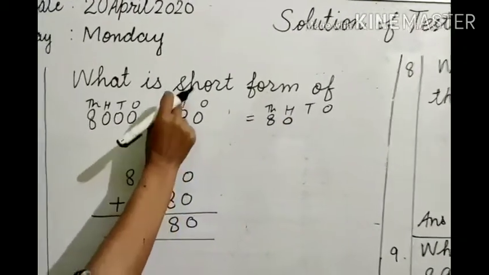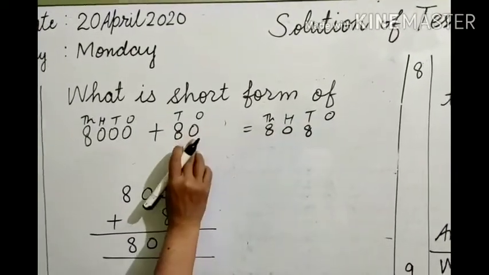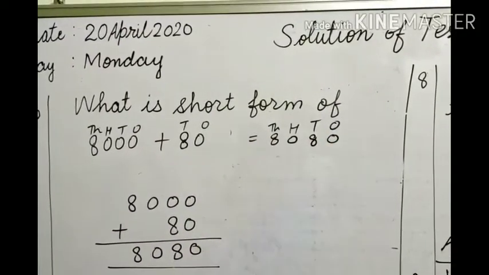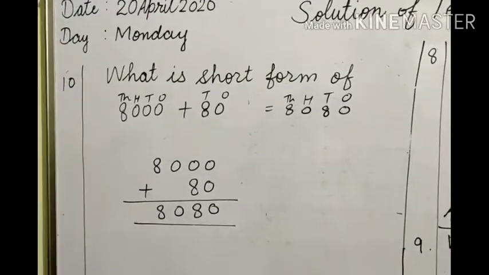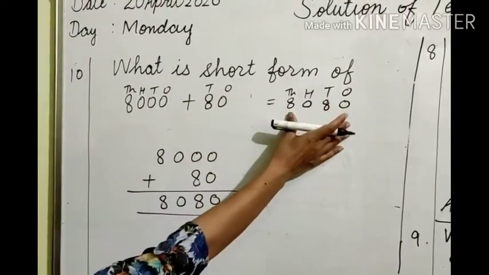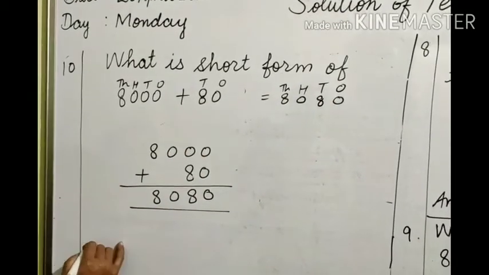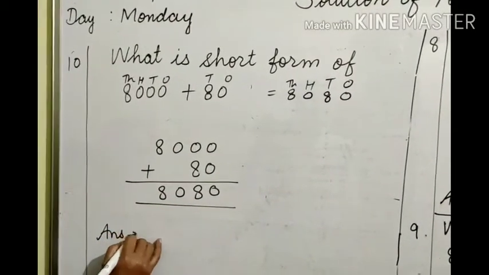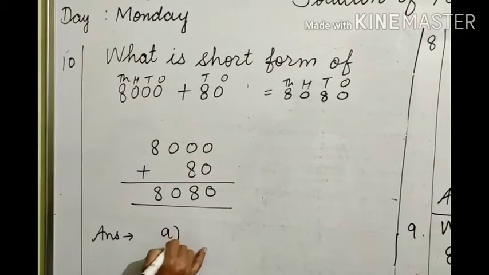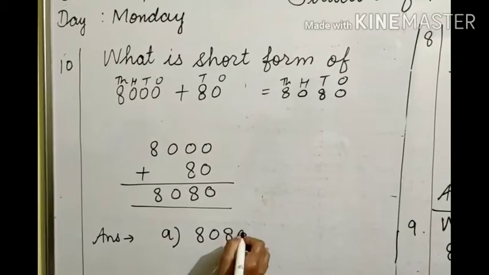Now tens, the non-zero tens digit is 8, so we will write 8 in the tens column, and the 0 will go in the ones place. So in both ways we can do it, by addition or in short form, reduced form as we say. We will match the right answer with the answer options, and option A is matching our answer, so option A is right.